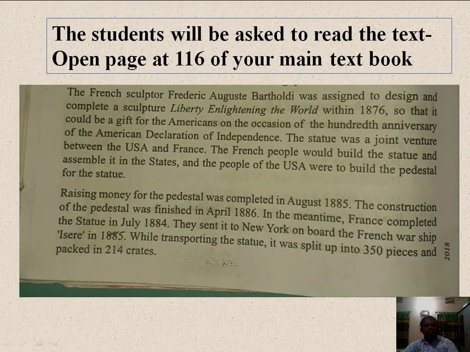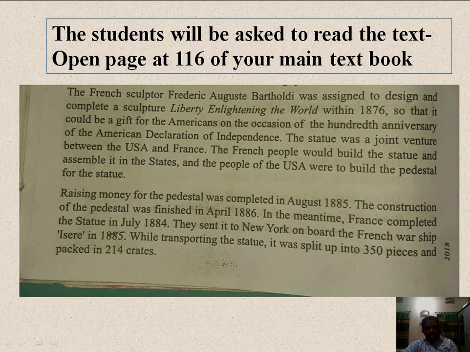So let's move toward the second phase. At first, I would like to ask you to open your book at page 116 of your main textbook.